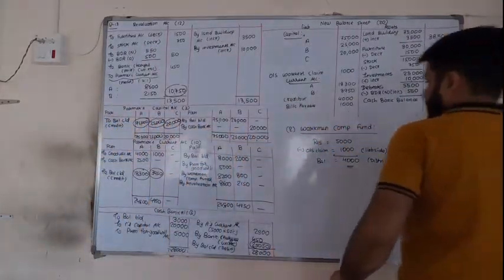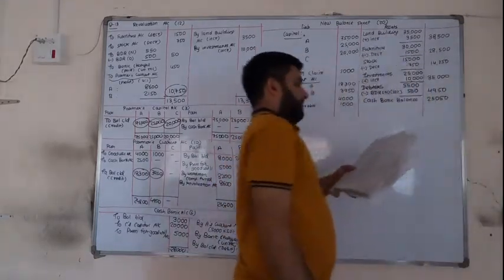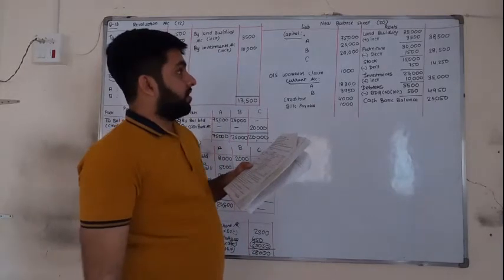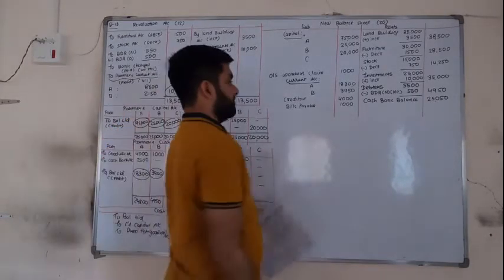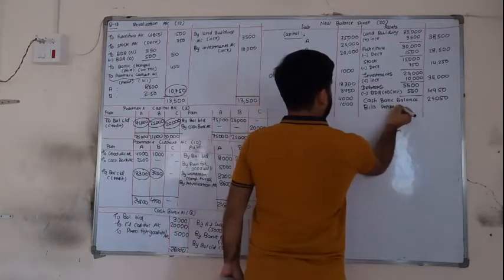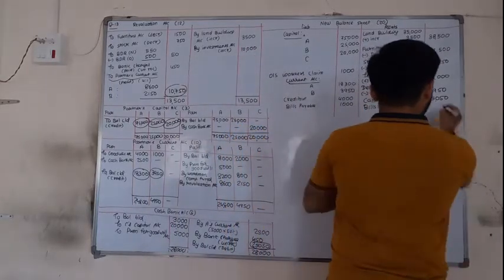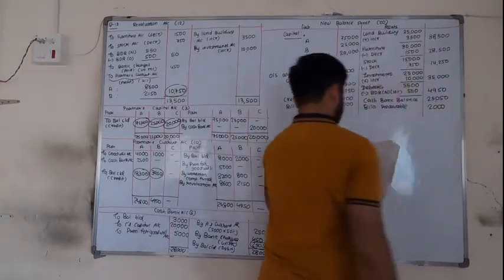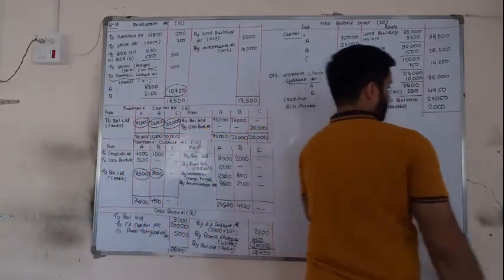Furniture also we have recorded. Investments also recorded. Stock we have recorded. Debtors we have recorded. Bills receivable. Bills receivable amount 2,000. Okay, cash bank and goodwill is distributed. Cash bank is recorded.